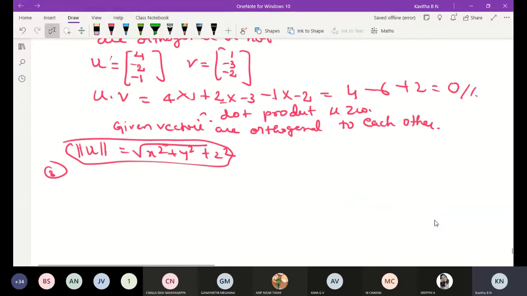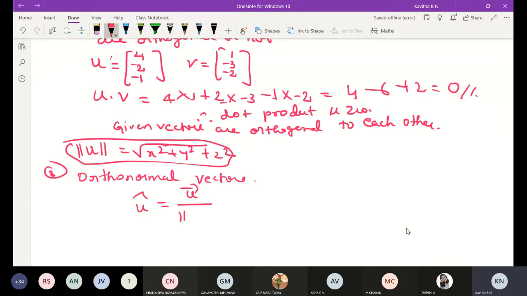Orthonormal vector means u cap is equal to u vector divided by modulus of u vector.